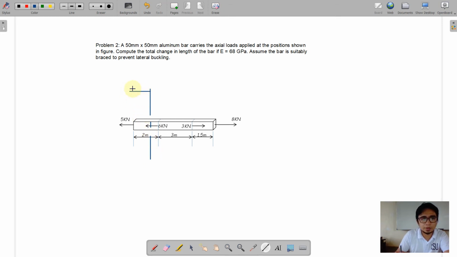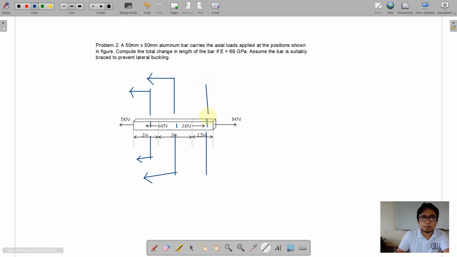Say we have here a section, considering the left portion, another section considering the left portion also, and another portion.